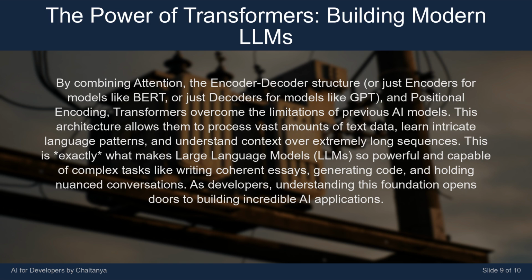This is exactly what makes large language models, LLMs, so powerful and capable of complex tasks like writing coherent essays, generating code, and holding nuanced conversations. As developers, understanding this foundation opens doors to building incredible AI applications.